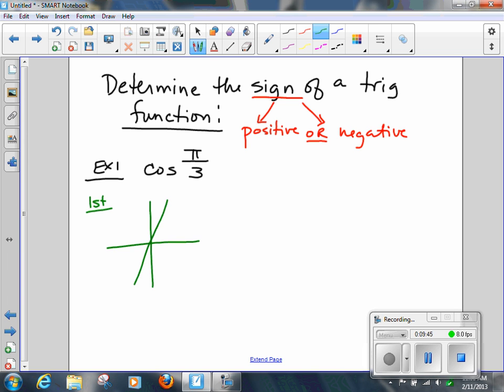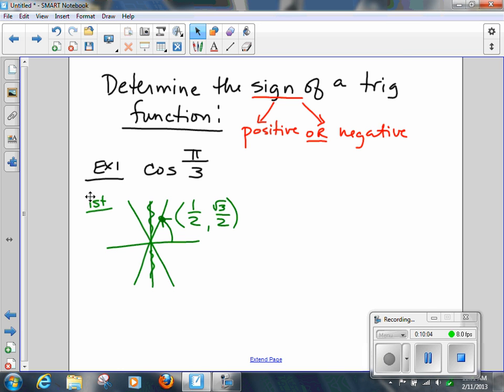I know that pi over 3 is right here. I know that that ordered pair is 1/2, root 3 over 2, correct? I know that. I know that my cosine value is what? My cosine value is 1/2.